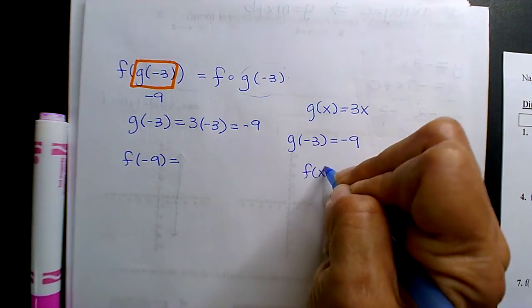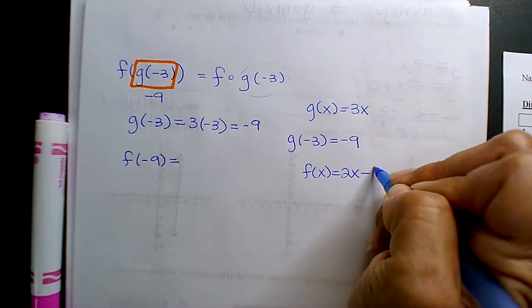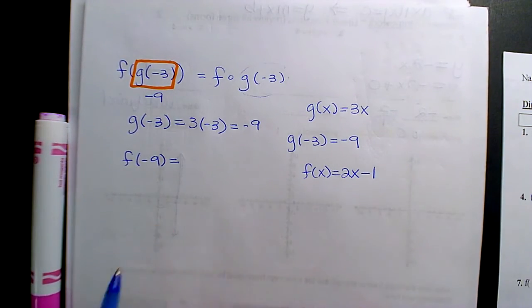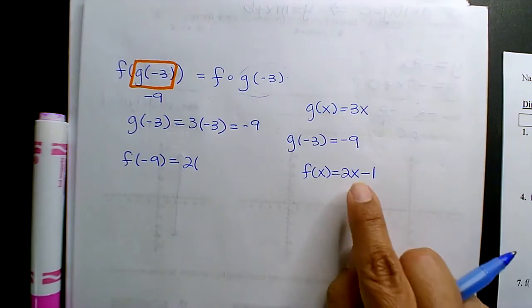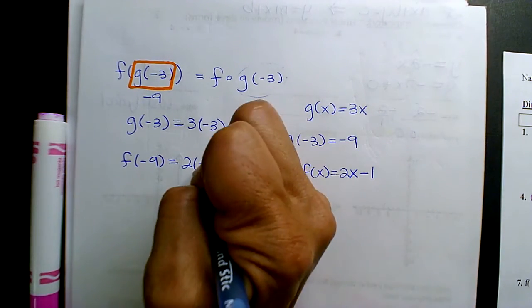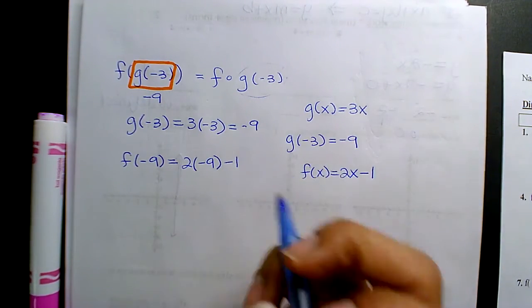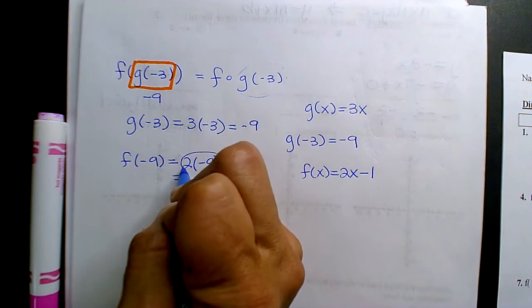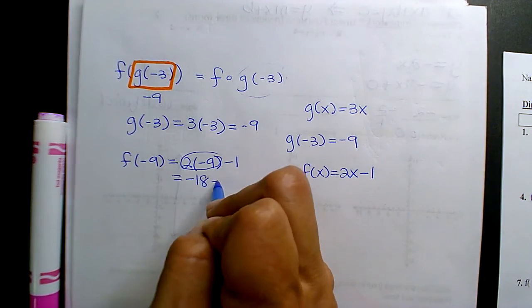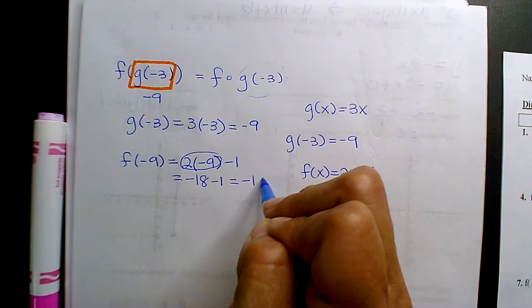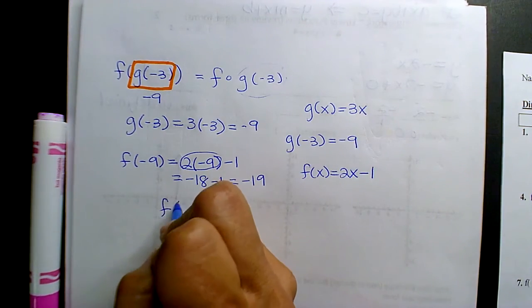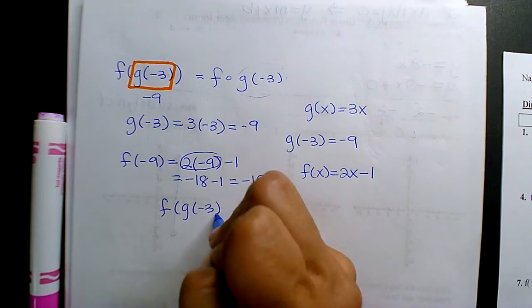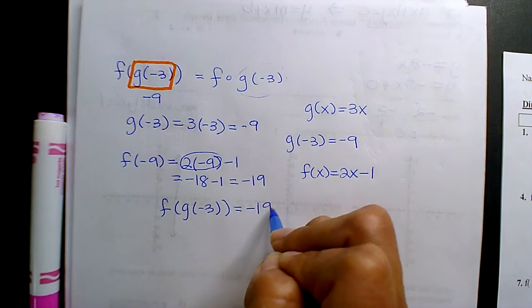So in place of x, negative 9: 2 times negative 9 is negative 18, minus 1, negative 19. So f of g of negative 3 is negative 19.